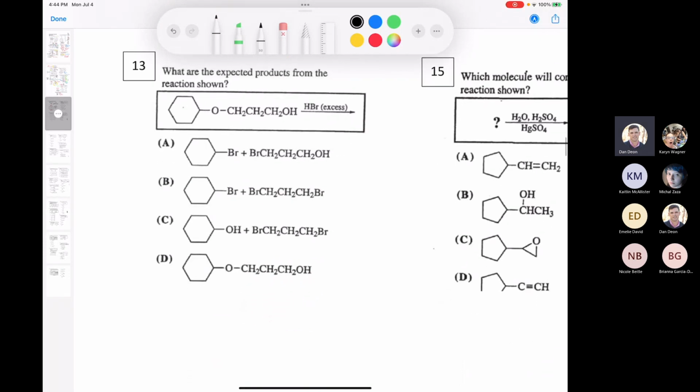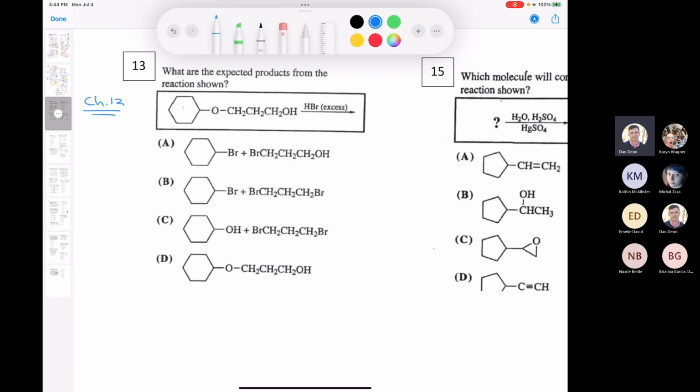Okay, this comes from the alcohols and ethers chapter. This would be a chapter 12 question. Could anybody predict what the right answer for this one is? I'll let you take a look at the answers. We got a whole holy host of answers here.